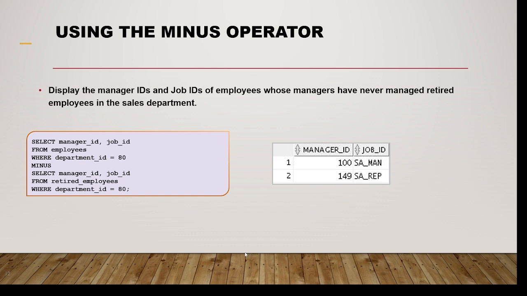They are represented by the rows that exist in the employees table but do not exist in the retired employees table. So these are the records of the employees who work in the sales department and are managed by managers who have not managed any of the retired employees. So this is the significance of using the minus operator.